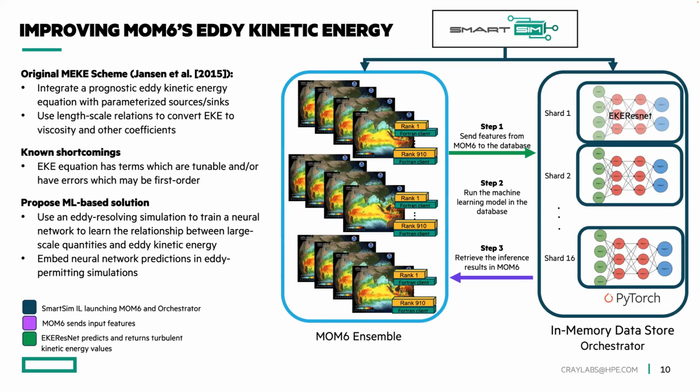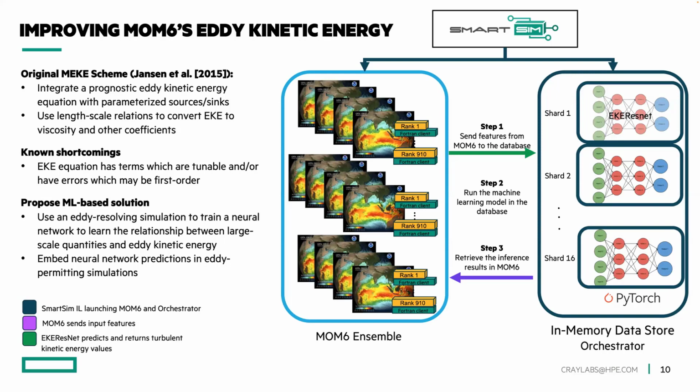Well, if you have a fine grid, a very refined grid, then you can resolve eddies and you can compute the eddy kinetic energy. But if your grid is coarse, basically a low resolution grid, then you don't resolve the eddies and you cannot compute the eddy kinetic energy, which is a foundational quantity of ocean models. And so basically low resolution models have this problem of not resolving eddies and not computing the eddy kinetic energy correctly.